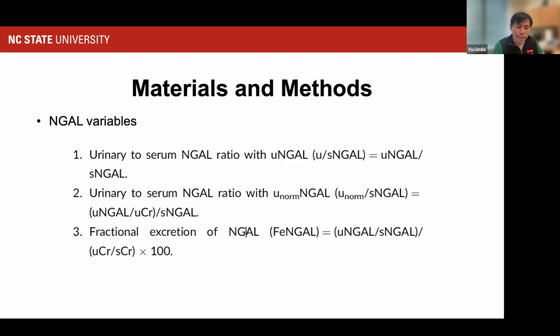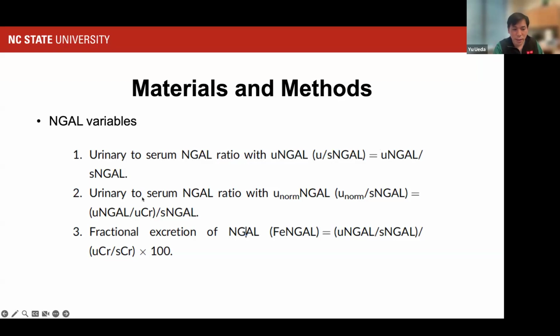The other thing they did, like I mentioned in the introduction, is look at more calculated variables of urinary NGAL concentrations, more than just urinary NGAL or UNCR. They looked at the urinary to serum NGAL ratio, urinary NGAL divided by serum NGAL concentration.